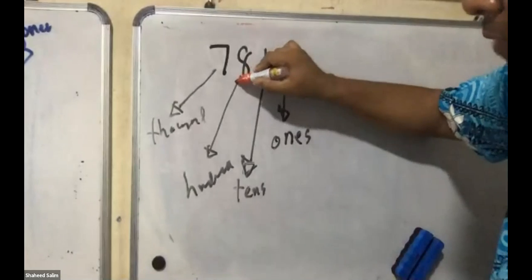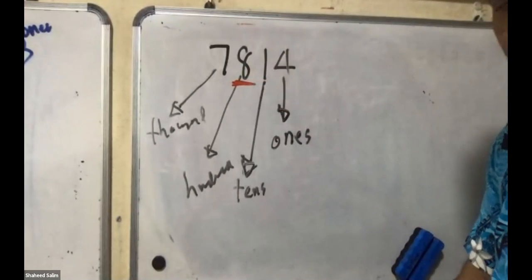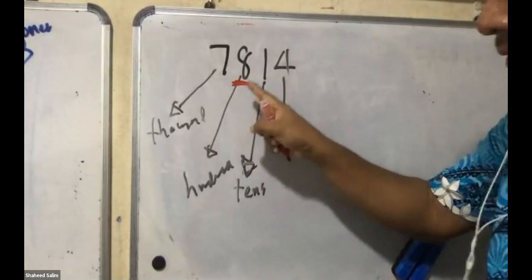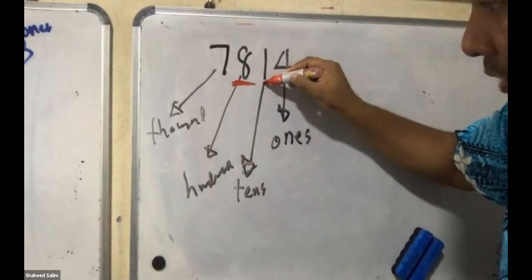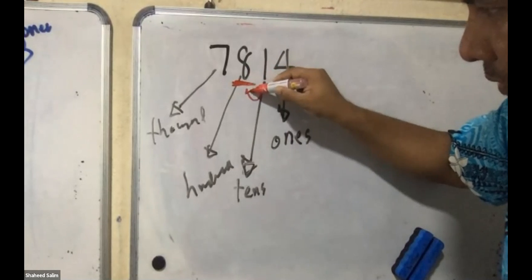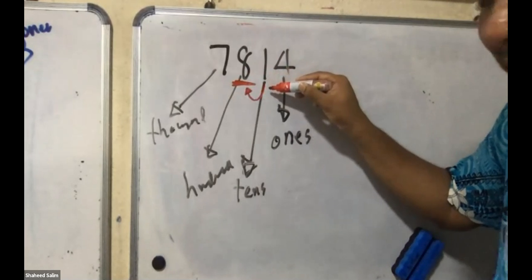Okay. If they say the nearest 100, you underline this, and you look at the digit beside it, on the right. You look at the digit beside it on the right.